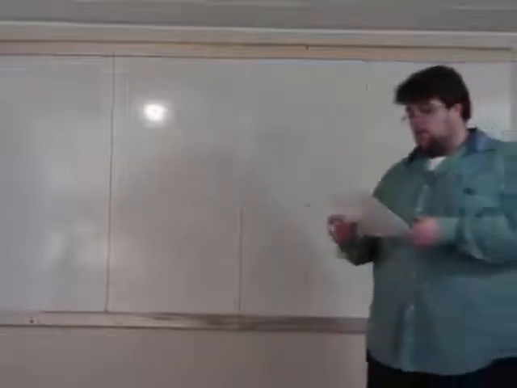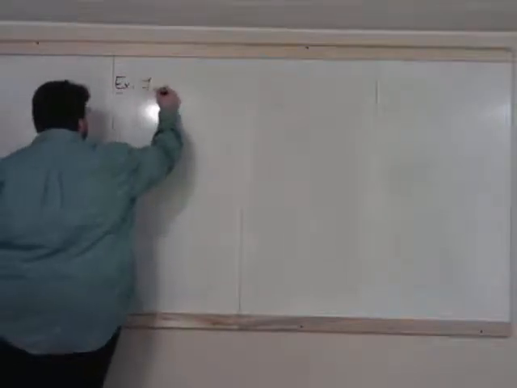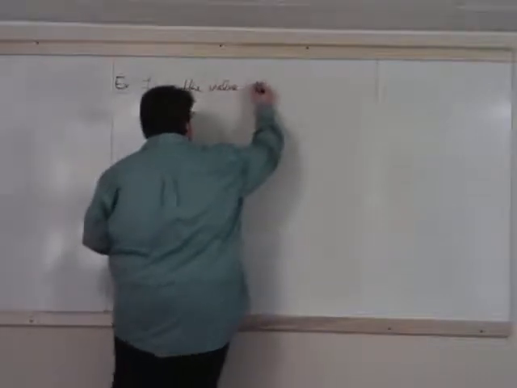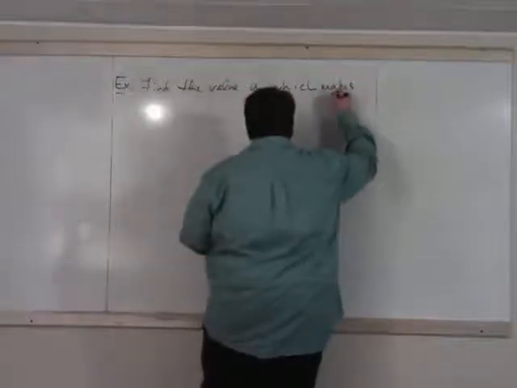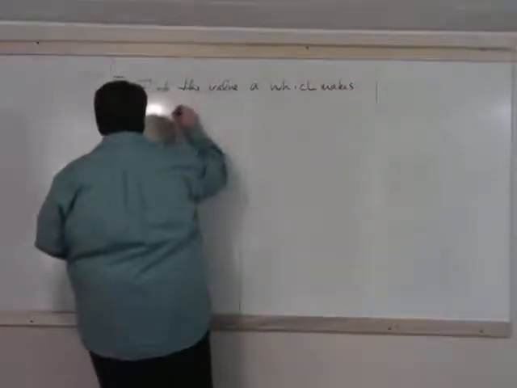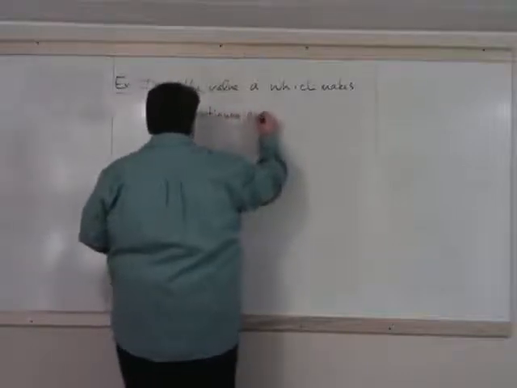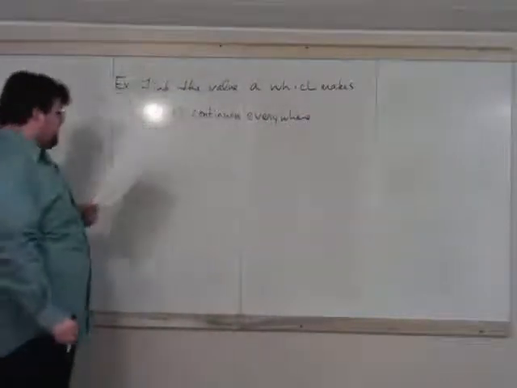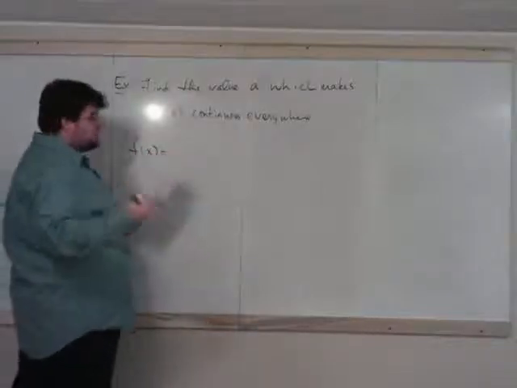But let's do another type of example with continuous functions. Example: find the value a which makes f of x continuous everywhere, meaning negative infinity to infinity.